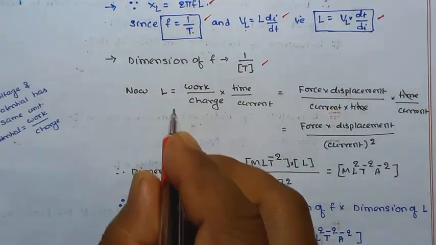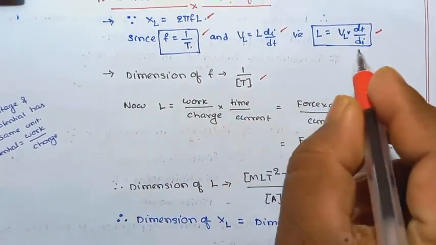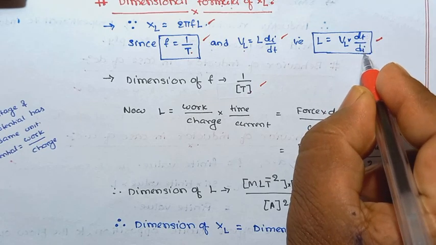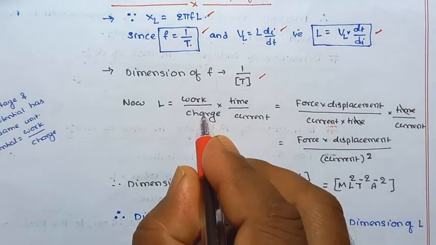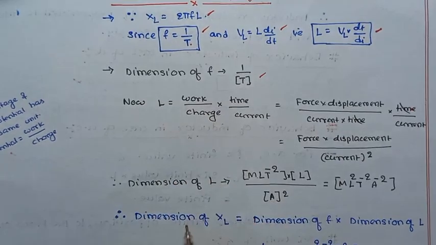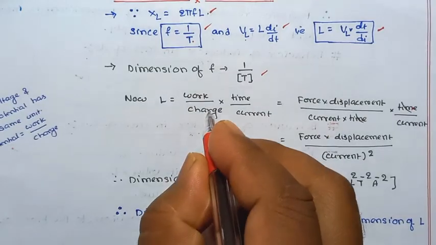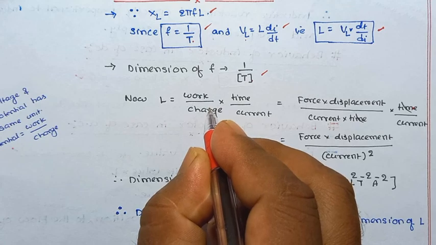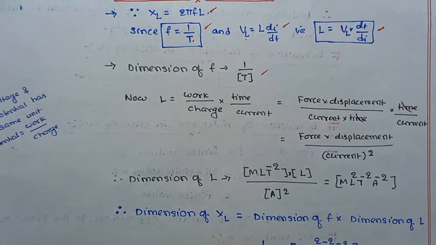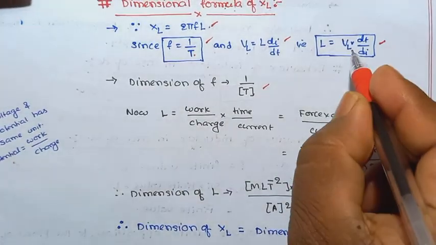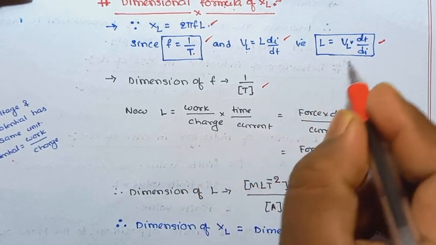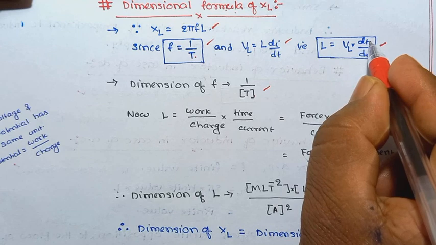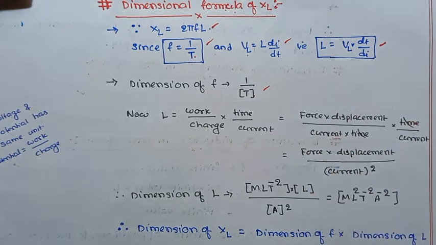हम सबको पता है L is equal to VL into dt by di. So VL, voltage and potential, have the same unit. We know the relation potential is equal to work by charge. So in place of voltage we write work by charge into dt, meaning time, and di means current.